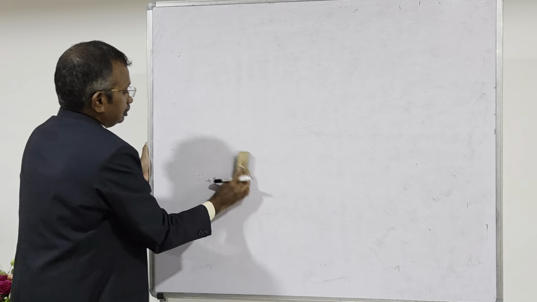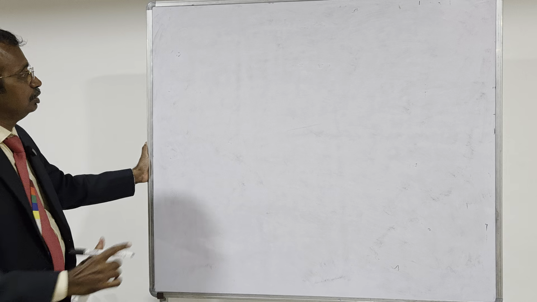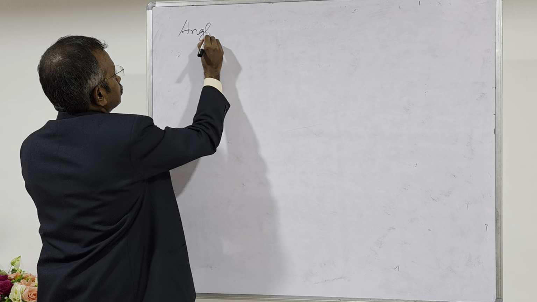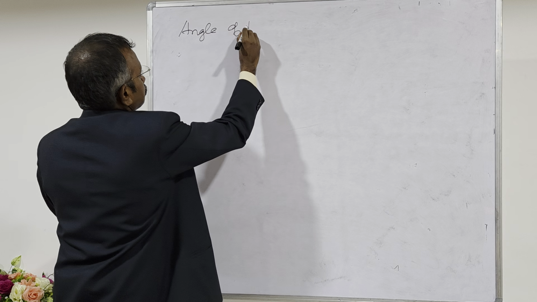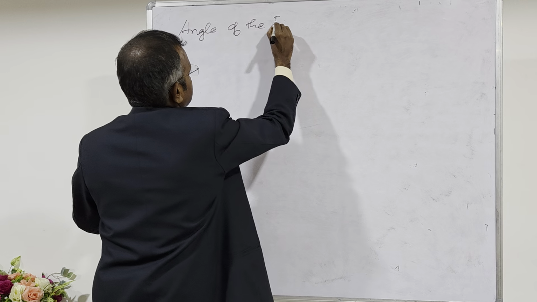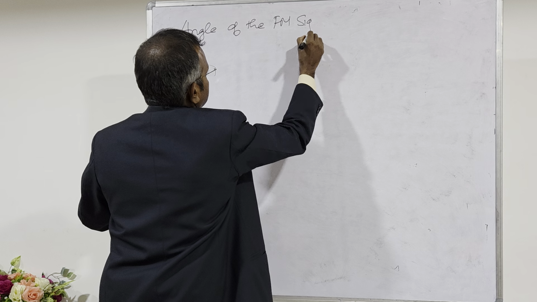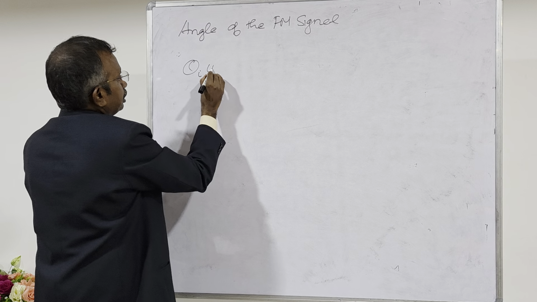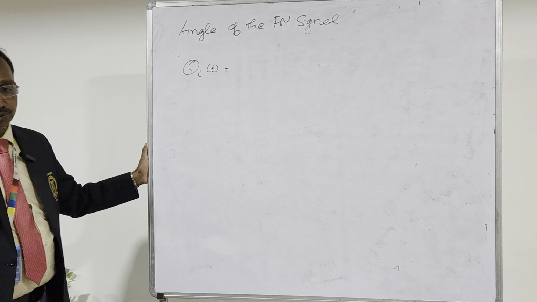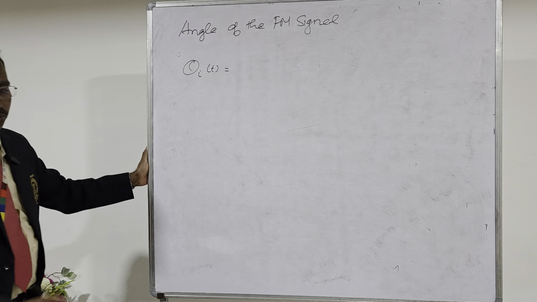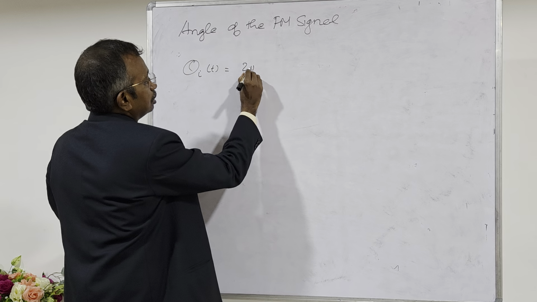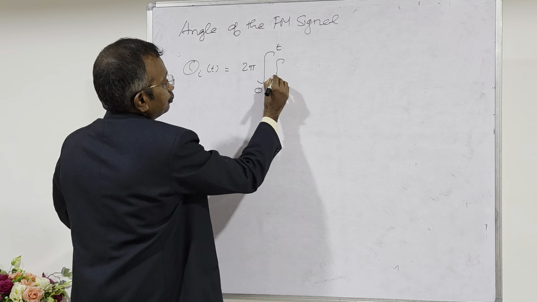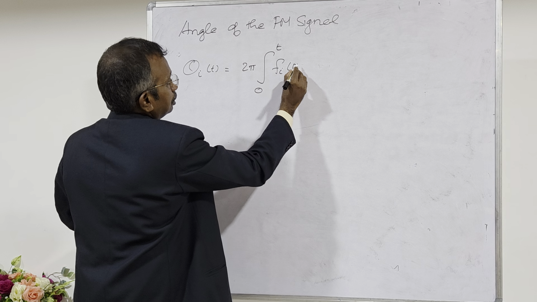The angle of the FM signal is given by theta I of t is equal to 2 pi integral 0 to t f I of t into dt.